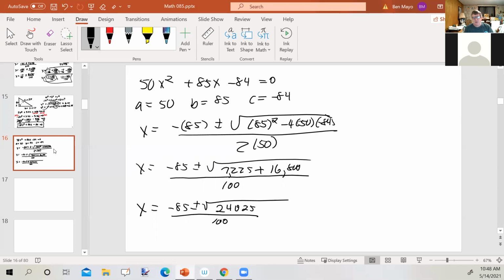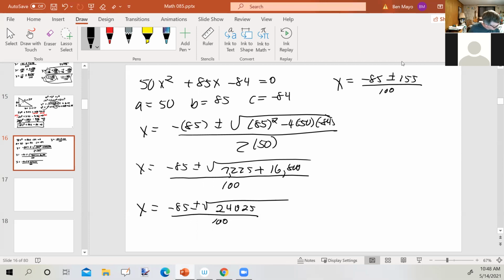Well, last time we had a huge number like this, I hoped it was a perfect square, and it wasn't. Let's see if 24,025 is a perfect square. So I'm going to take the square root of 24,025. It is. It comes out as 155. So sometimes things work out nicely.